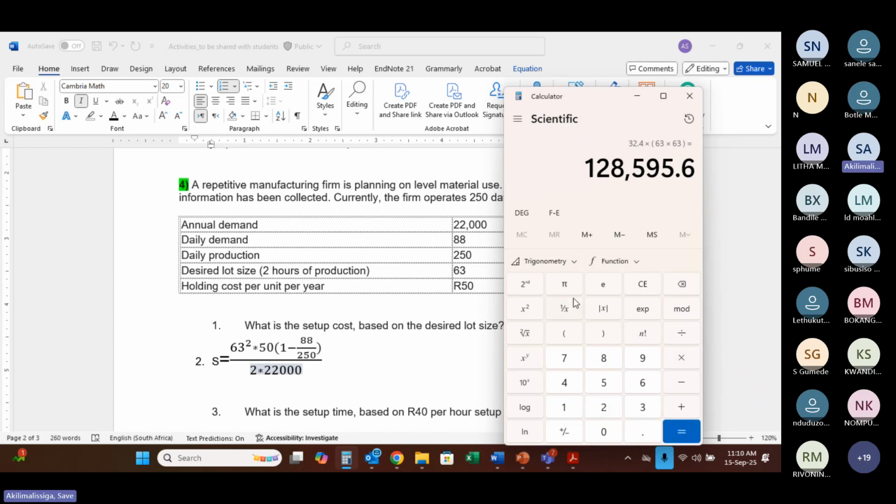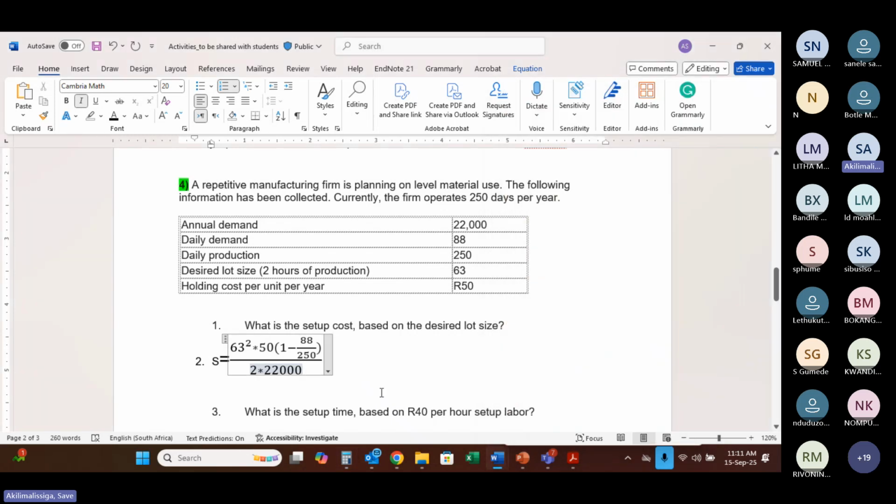I hope this is correct. So this is what you have on top, and it's going to be divided by 2 times 22,000. So the setup cost here is 2.92 rand.